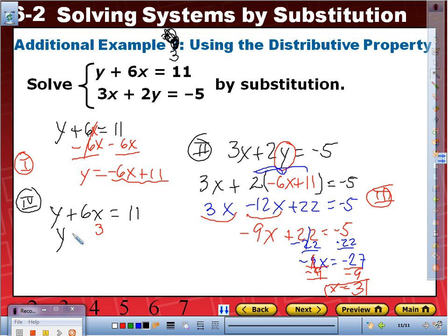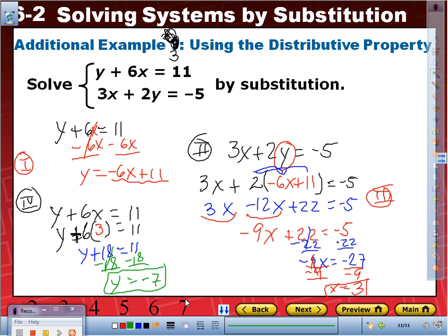Bring everything else down. y plus 6 times 3 equals 11. So let's see, what is 6 times 3? y plus 18 equals 11. And what do we do at the end? Subtract 18 from each side. We're left with y equals negative 7.